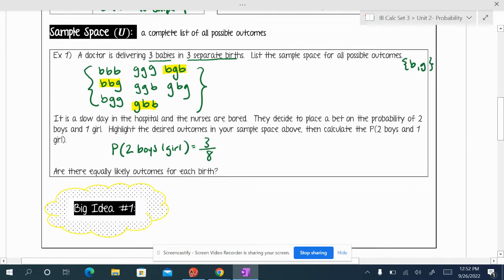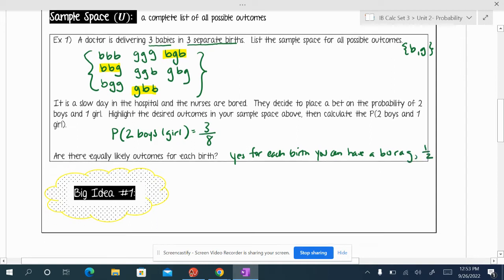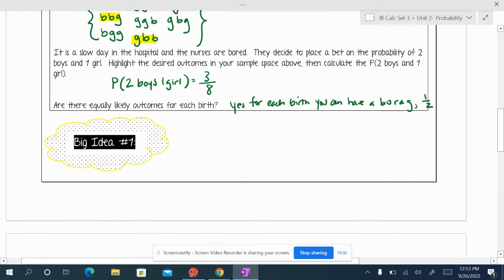Are these equally likely outcomes for each birth? Yes. For each birth, you can have a B or a G, 1 out of 2. So these would have equally likely outcomes for each birth.